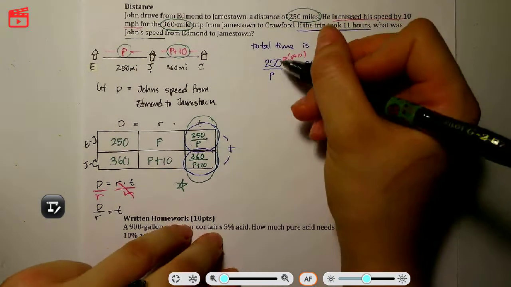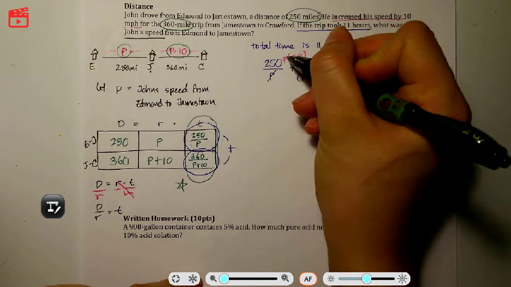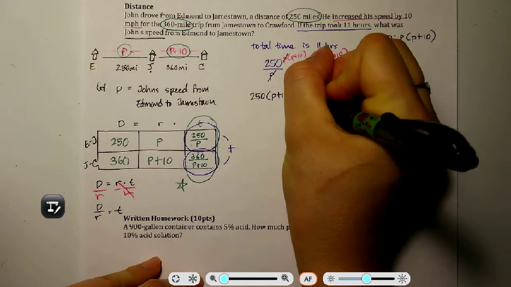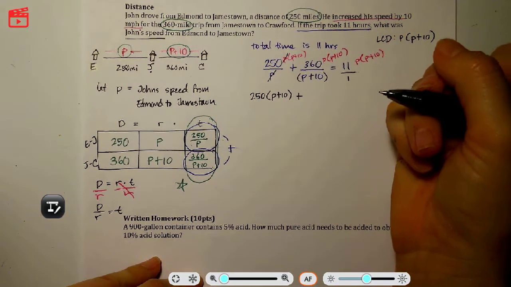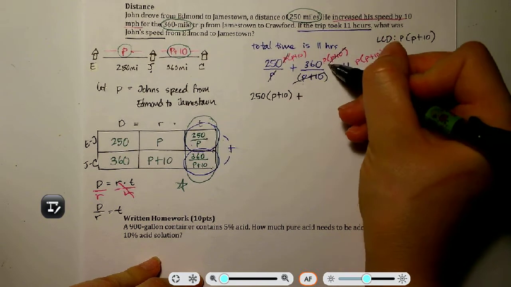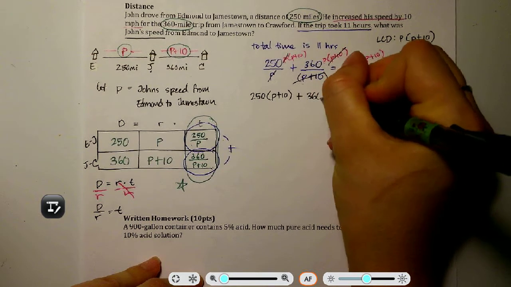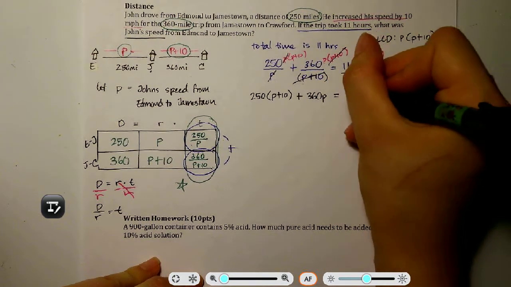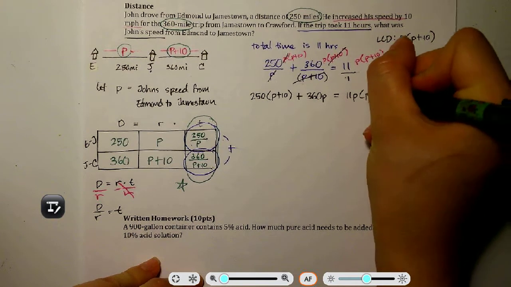Okay, once I do that, the P's cancel there, so I'm left with 250 times P plus 10 plus, for this one, the P plus 10s cancel, and I'm left with 360P equals, oh, nothing cancels here, so I'm left with 11 times P times P plus 10.